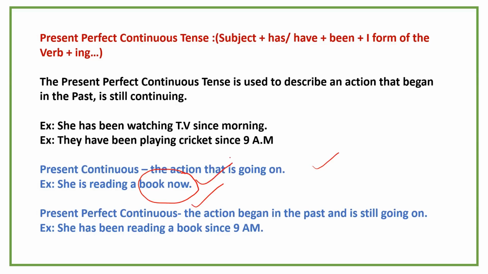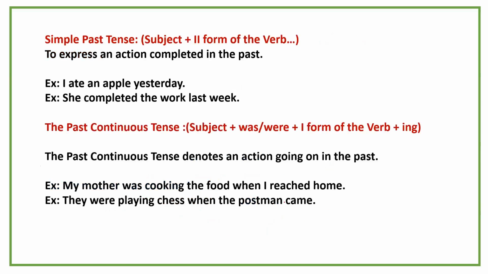We use present continuous to talk about an action that is going on now. She is reading a book now, that is present continuous. We use present perfect continuous to express an action that began in the past and it is still going on. She has been reading a book since 9 a.m. It began at 9 a.m. and the action is still going on.